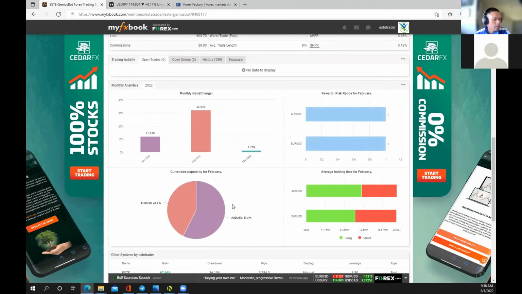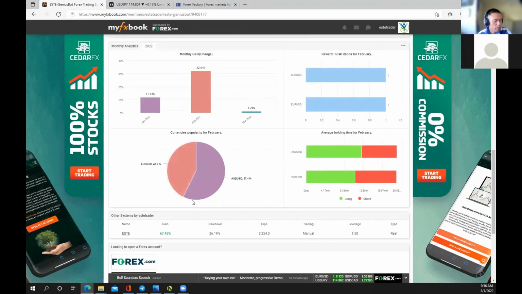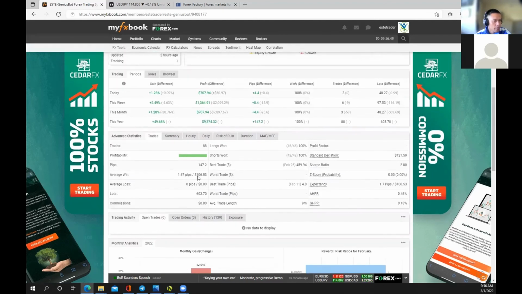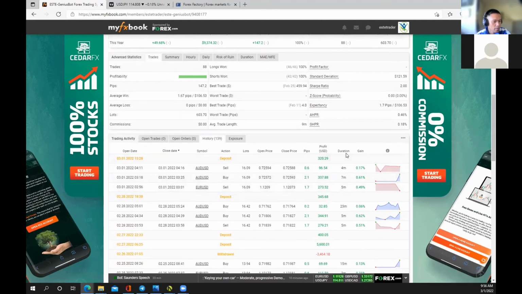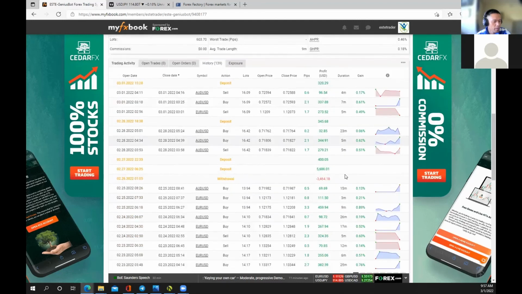However, it's more favorable with the Aussie against the US dollar compared to the euro at this point in time. And if we look at history in terms of time duration, the longest one was 23 minutes, but on average around the 5-minute mark.